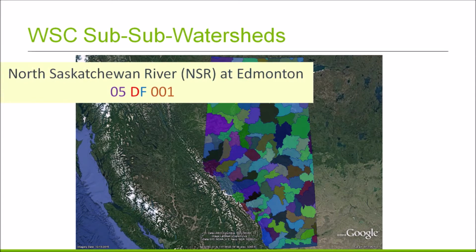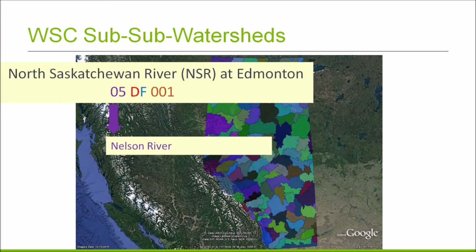Now, let me give you an example of how these continental, subcontinental, and other river basins are connected. This is the station identification number for the North Saskatchewan River at Edmonton. The number is 05DF001. The first 2 digits, 05, come from the subcontinental Nelson River System.